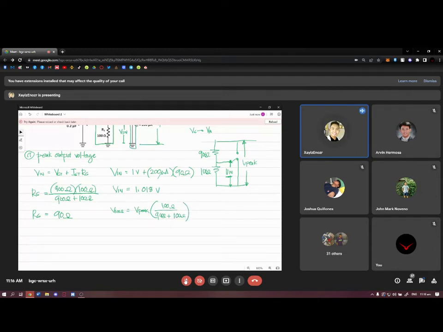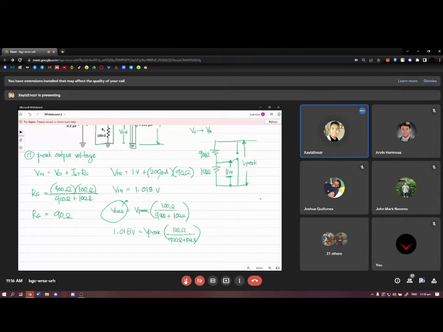So voltage divider. So we all know V100 is equal to VN, which is 1.018 volts, is equal to V peak multiplied by 100 ohms over 900 ohms plus 100 ohms.